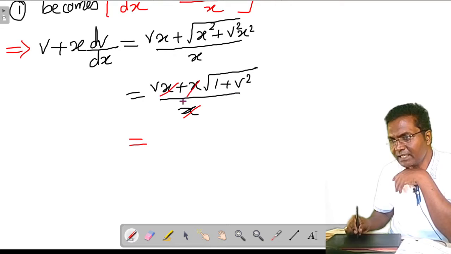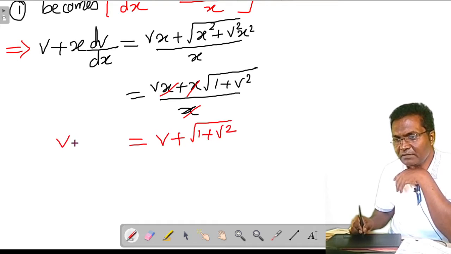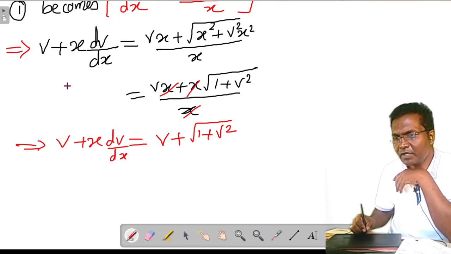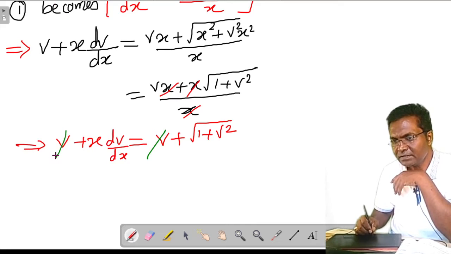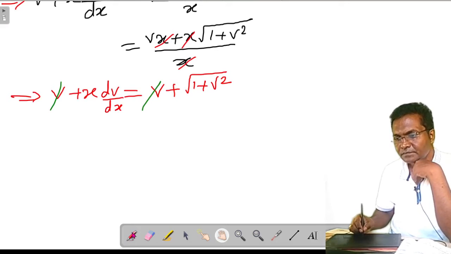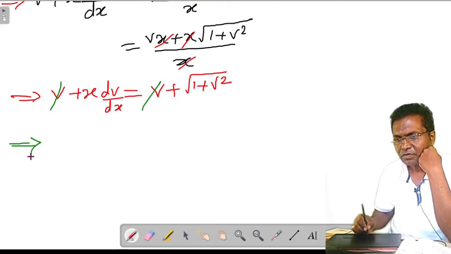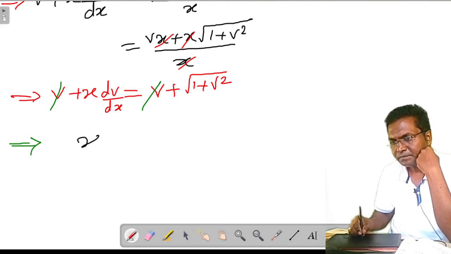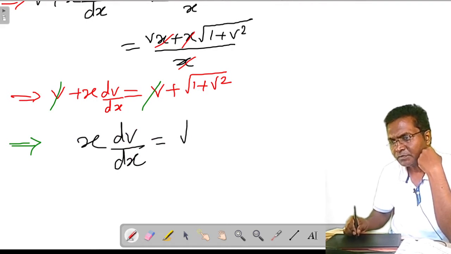So I can write directly like this: v plus root of 1 plus v squared. Okay. So now look at this. Both sides have v. We bring v to this side, v gets cancelled. So we will have x dv by dx is equal to square root of 1 plus v squared.